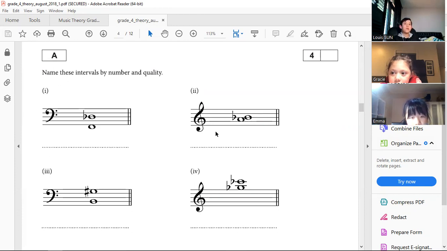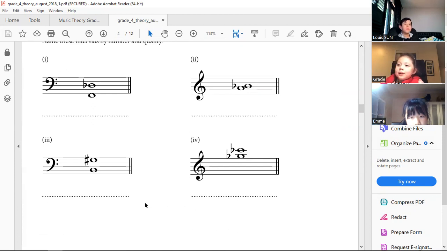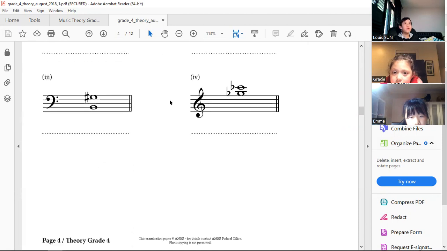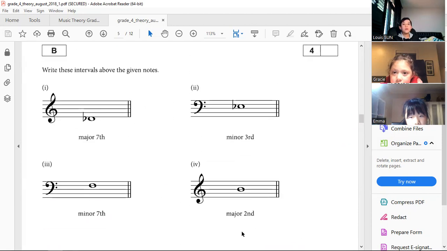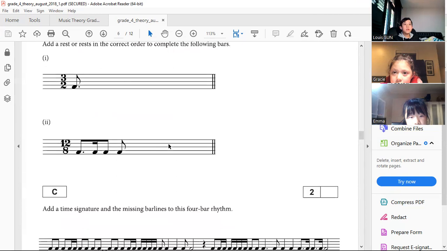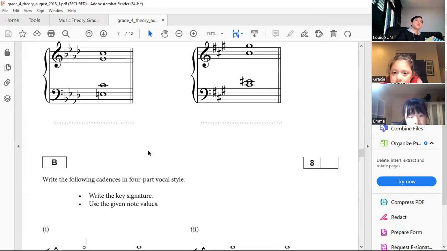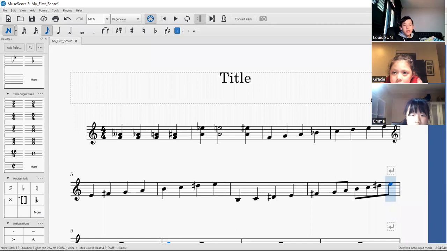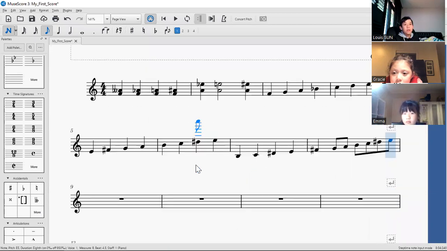That's a minor second. Okay, that's peculiar. There's no augmented or diminished intervals in this thing. Whatever. It's in the syllabus, so I'm pretty sure you need to know it. And right, so that's it on diminished and augmented intervals.